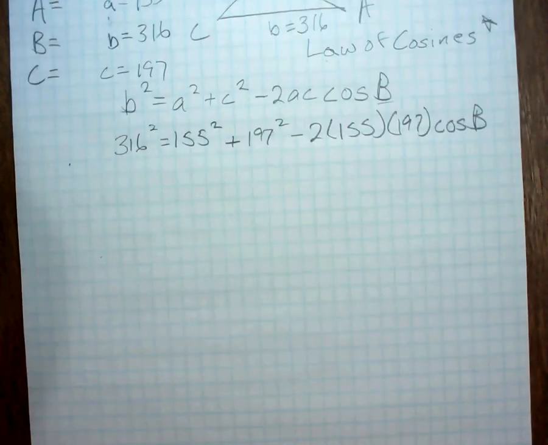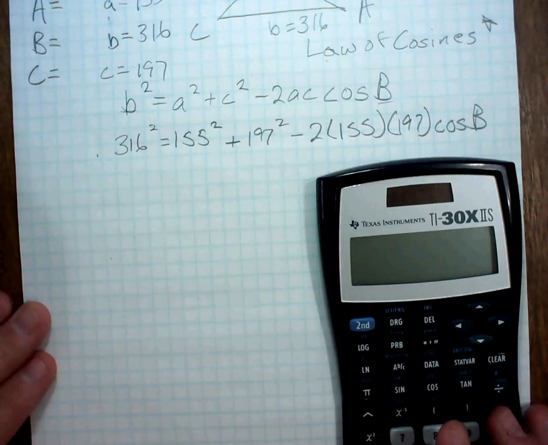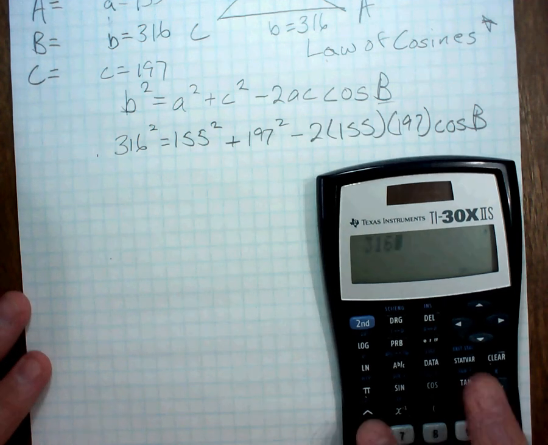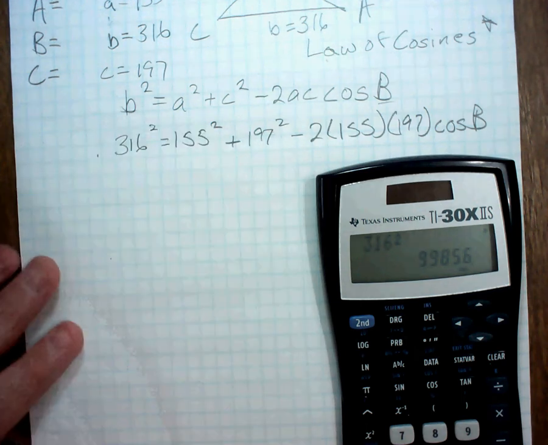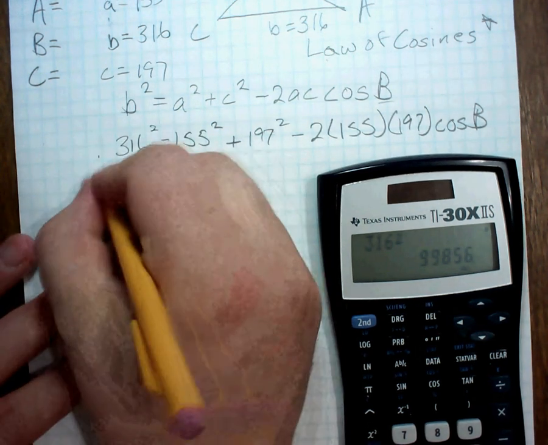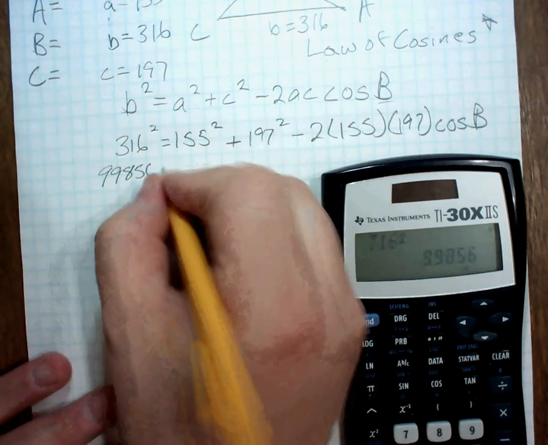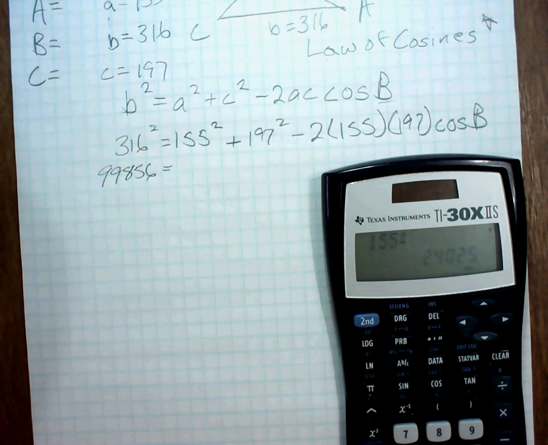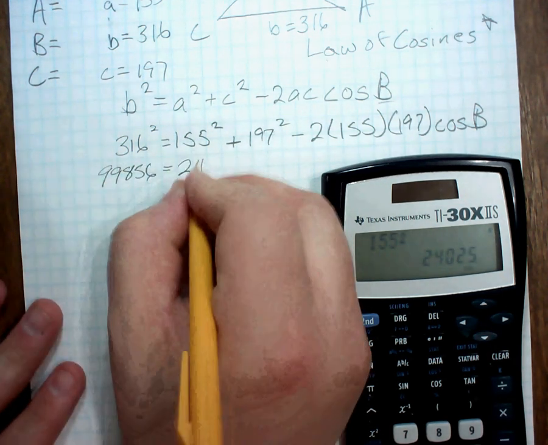So let's do some math here. 316 squared is a really big number, 99,856, is equal to 155 squared, which is 24,025.